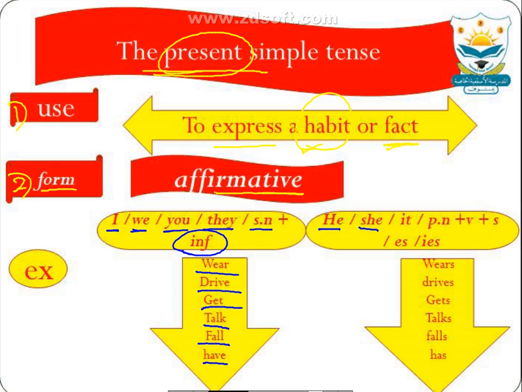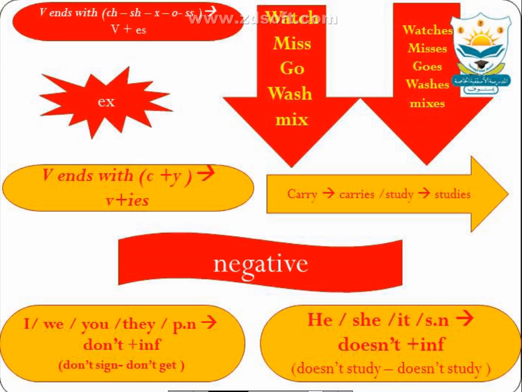He, she, it, plural noun plus verb plus s or es or ies. For example, wears, drives, gets, talks, falls, has. Okay, these are some examples.